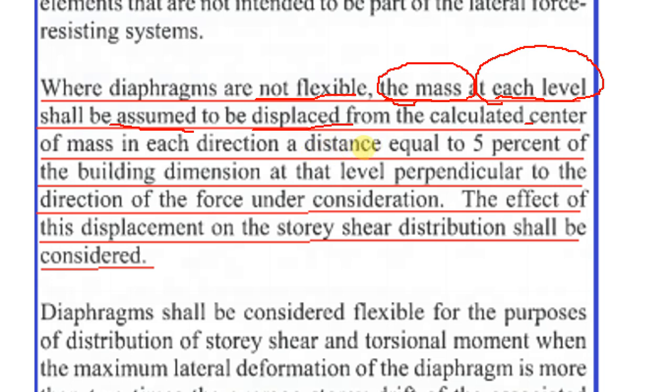So, pagka in-assume natin na nasa 5% distance yung mass, so magbibigay ito ng torsional sa ating building kung naka-regular building tayo. Then, that will cause more higher value in the reaction and also in the forces that will be developed from the lateral forces or the earthquake forces.